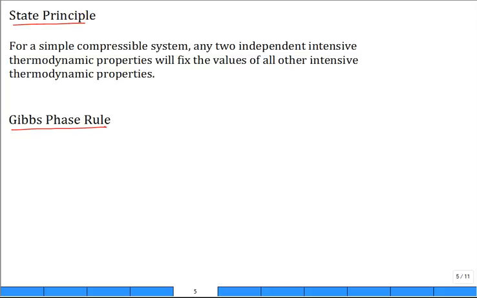It said that for the types of systems that we study, pure systems, so think of a pure substance like water or pure refrigerant, and it's a simple compressible system, meaning that you can change its volume, you can have some work out, you can have some heat transfer in and out, that two independent intensive thermodynamic properties are required to fix the state of the system. And once you fix the state of the system, you can, in theory, evaluate all other intensive thermodynamic properties.